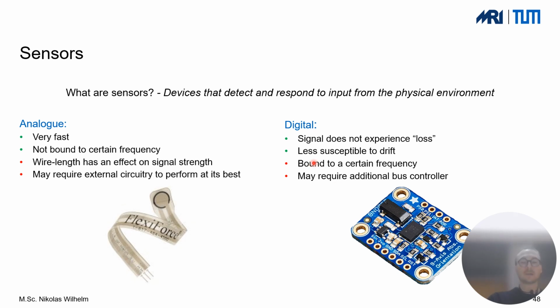Further, as it's digitized, so it's just ones and zeros already, you don't experience these losses as before with wire length changes, etc. So they're also not so susceptible to drift. With analog, the longer the wire, the more the voltage is altered. But of course, we are bound to a certain frequency, and you may require additional controllers to handle what these kinds of signals should be doing.